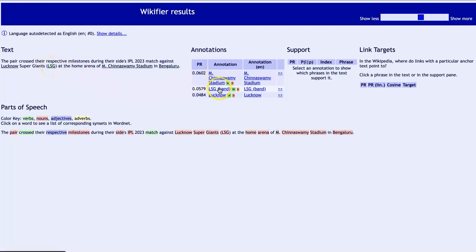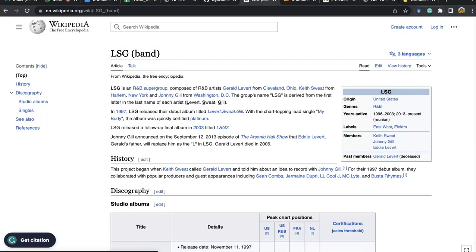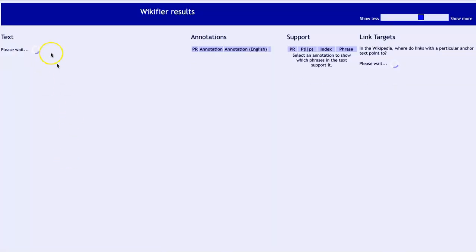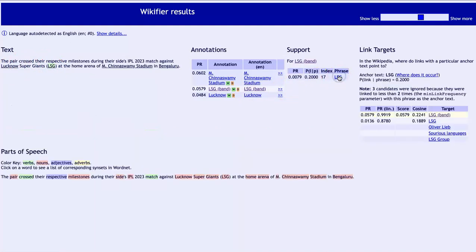If you check this LSG, it is connected with some kind of band or something like that. But in our context, it is a sports team, the IPL team LSG. So this type of thing can happen.